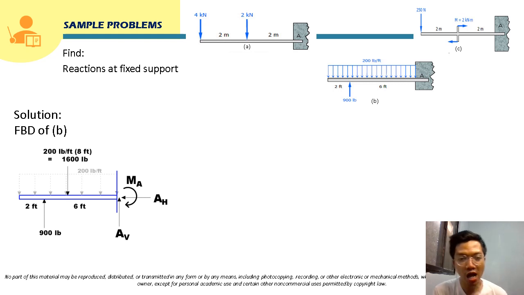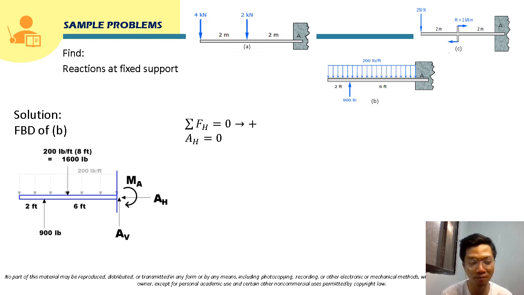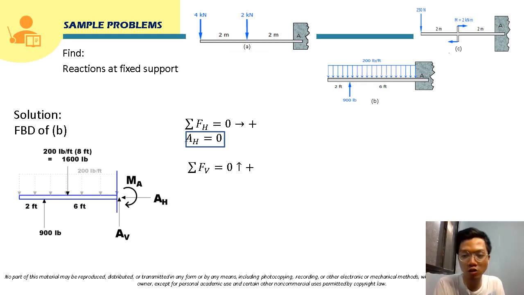Okay, so we will start solving for the reactions here. So obviously AH will become 0 since there are no other horizontal forces involved here other than AH. Okay, so AH will clearly be just equal to 0. And for the AV, so we can solve that using summation of forces vertical.